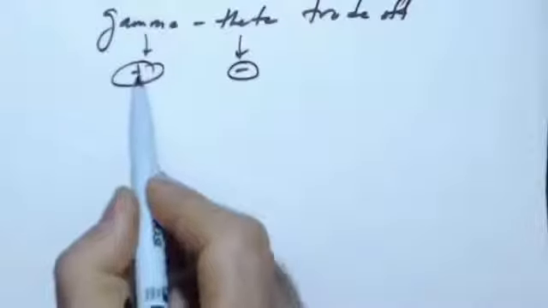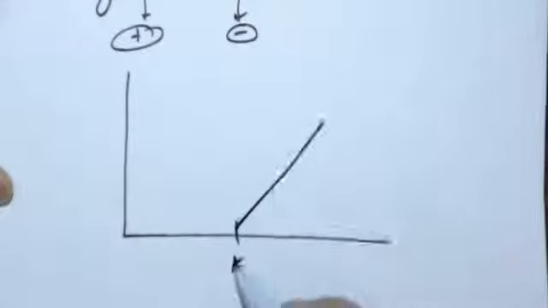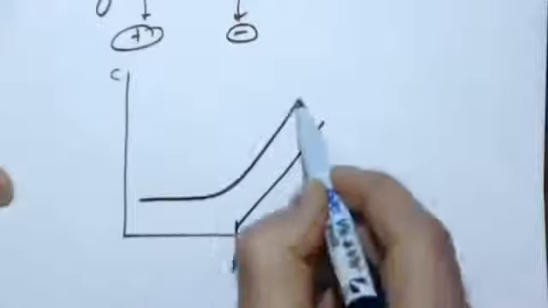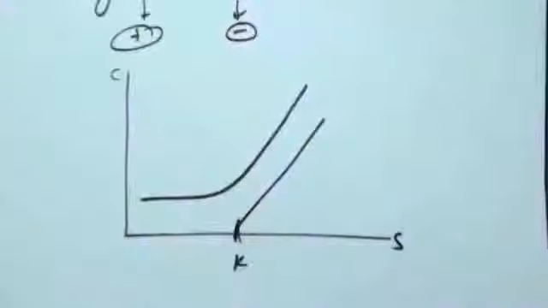Since gamma is positive, you can profit from volatility. So let me try to exaggerate here. Here you have a call that's at the money right here, and you have a lot of volatility in the underlying stock.